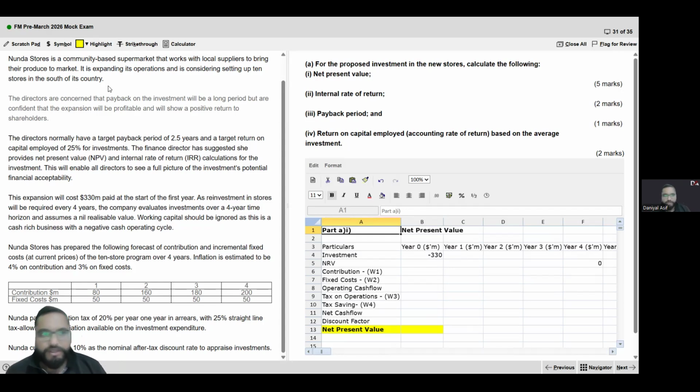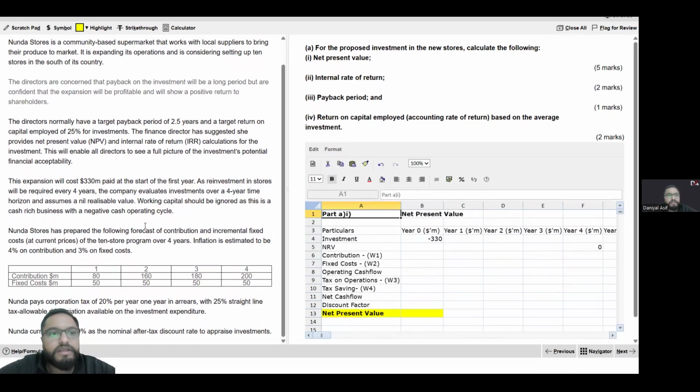In the third paragraph, we have the targets which the company has: our target payback is 2.5 years, target growth is 25%, and the finance director suggests that NPV and IRR should be calculated so that a full picture of the investment potential and financial acceptability can be seen.